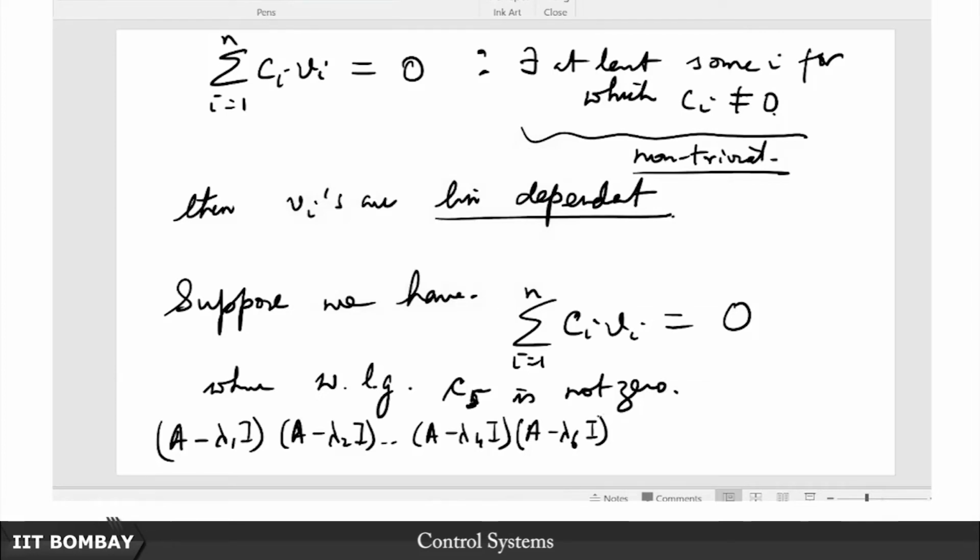Notice summation Ci Vi is equal to 0 for i going from 1 through n.